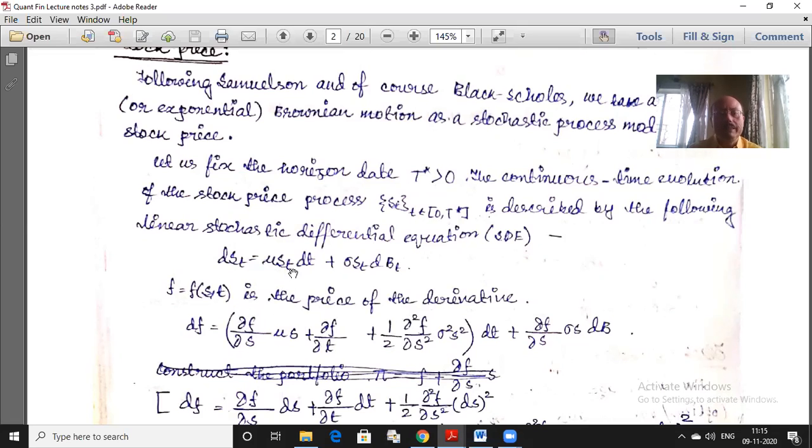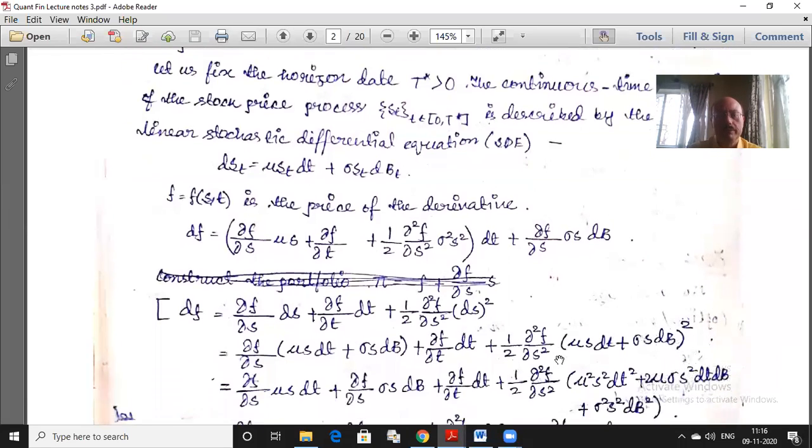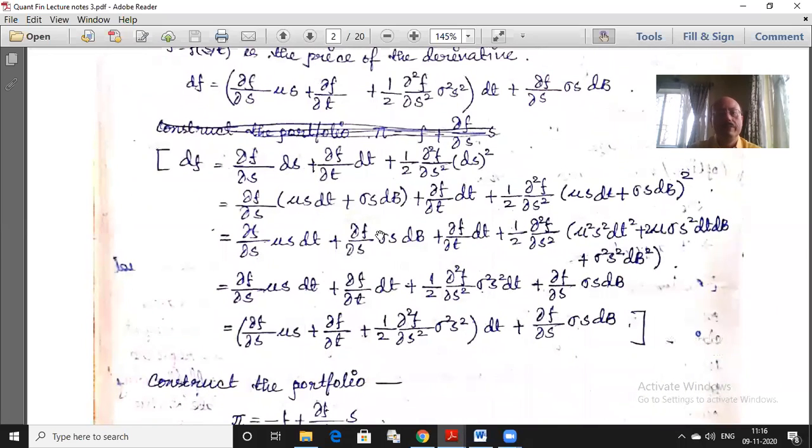So if dS is of this form, then df will be of this form. Direct application of Ito formula, I will have this dt term where there are 3 components and the dB term with a single component. That is easy. We have done it before. It's not complicated. In fact, the details are here, but you can just do it quickly.